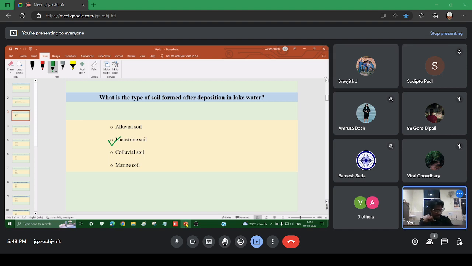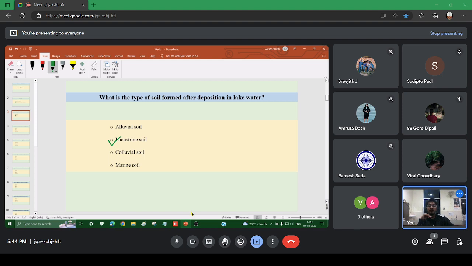Have you heard about rock falls? When particles of rocks descend due to the action of gravity, the soil formed due to the action of these gravitational forces is called colluvial soil.